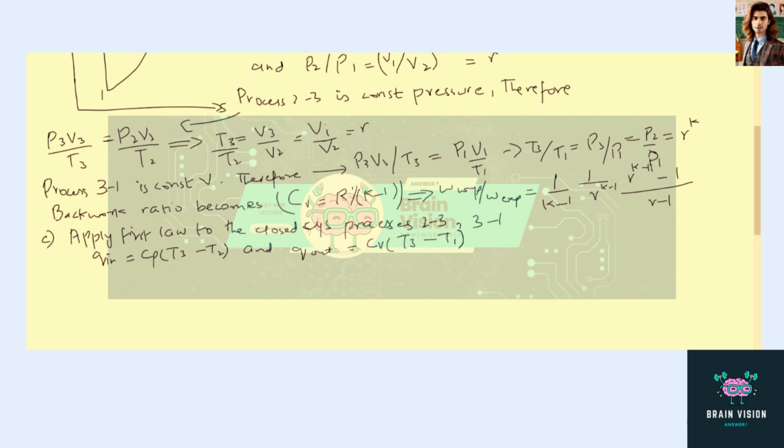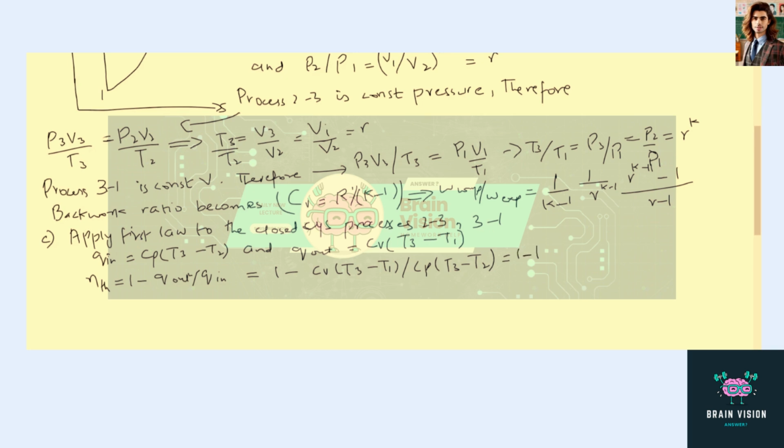So now we will write the cycle thermal efficiency. It is equal to 1 minus Qout divided by Qin. Put the values: 1 minus Cv (T3 minus T1) divided by Cp (T3 minus T2).